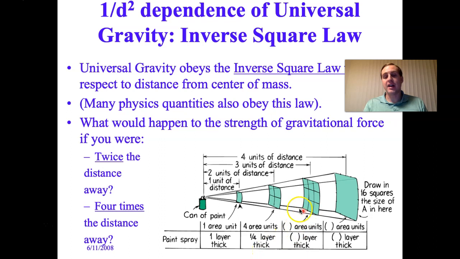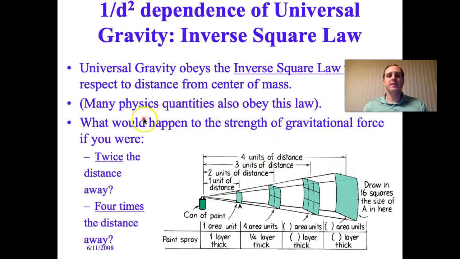If this is 9 area units, that's what you could fill in here, this would be 1/9 layer thick. If this is 16 area units, 1/16 of a layer thick, and so on. And that's because we're at, say, 1 meter, 2 meters, 3 meters, or 4 meters, respectively. So this is how the inverse square law works.